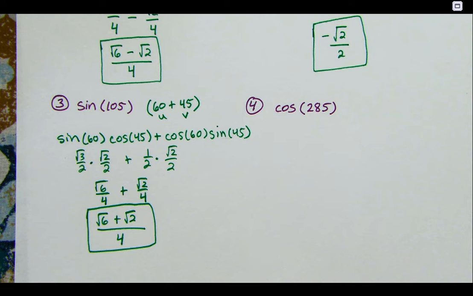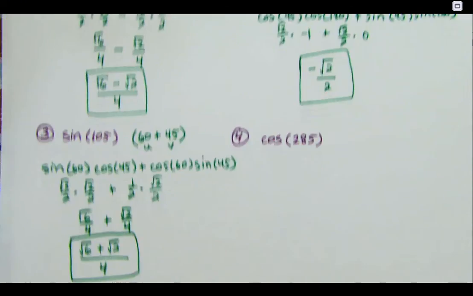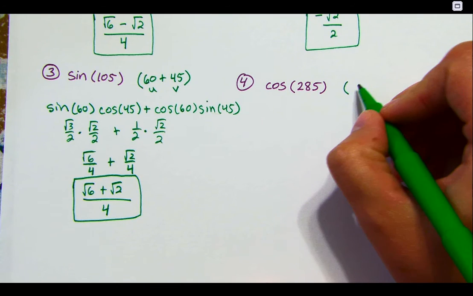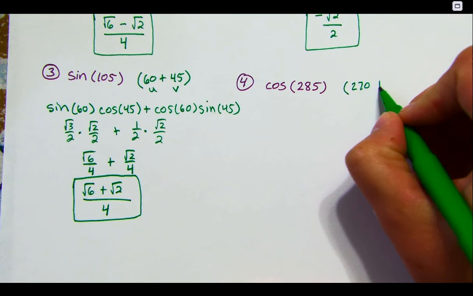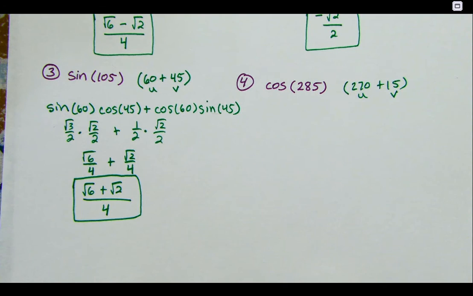All right, next one. So this one I can't use 2 of these numbers. I can only use 1. So I'm going to choose to split this as 270 plus 15. So here's my u and my v. Okay. So we're just going to plug it into our formula like normal. So cosine and then the addition one.